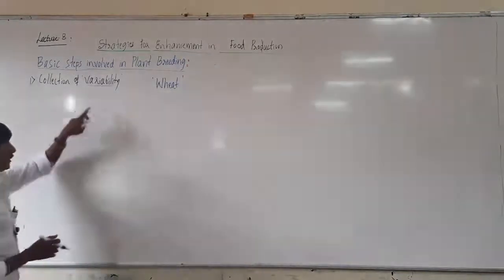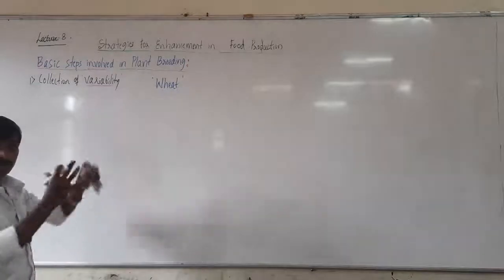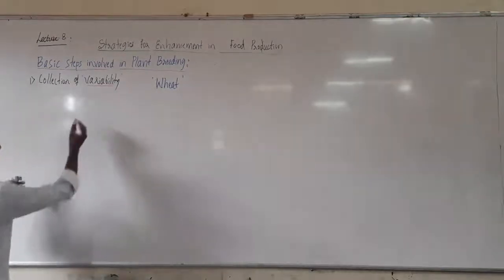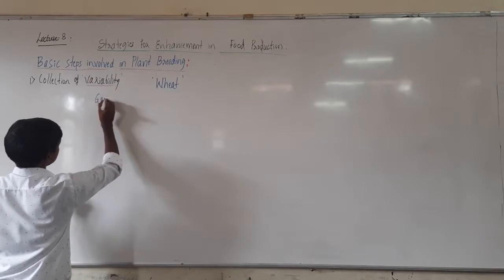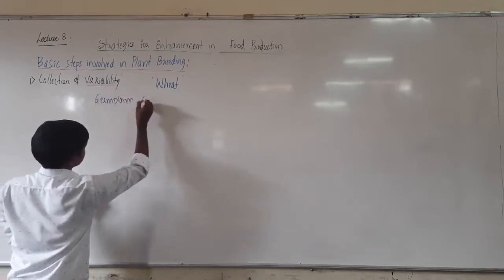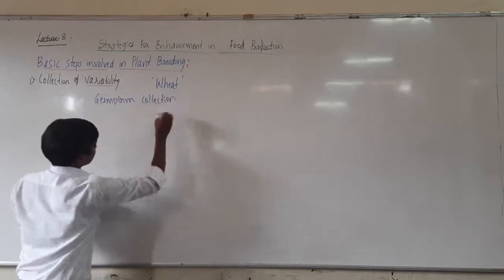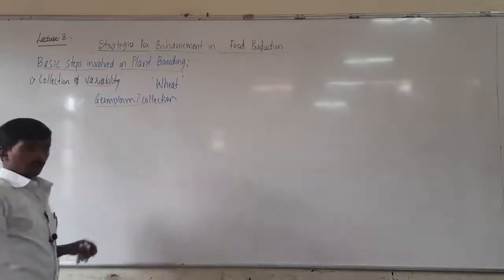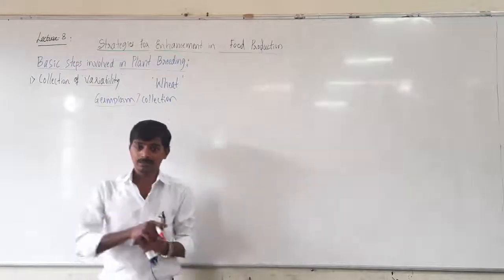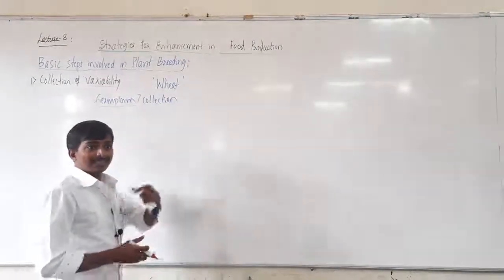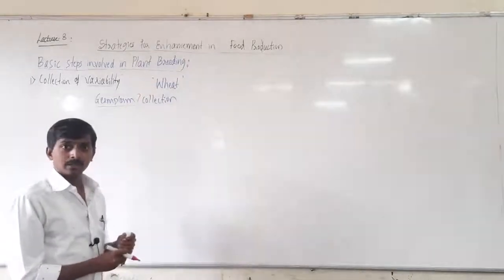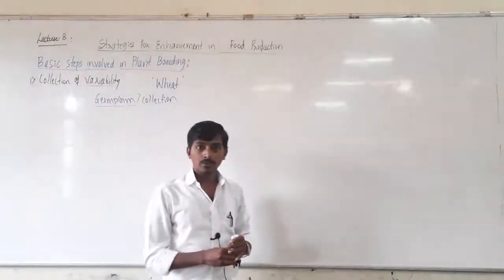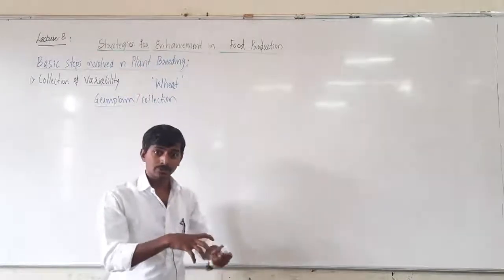So variability refers to collecting various types of genes, hence we use the word germplasm collection here. Then what is germplasm here? Whatever living material we collect for growing the next generation of the plant is what we mean by germplasm. For example, I have preserved 1 quintal of jowar as seed for the next generation.